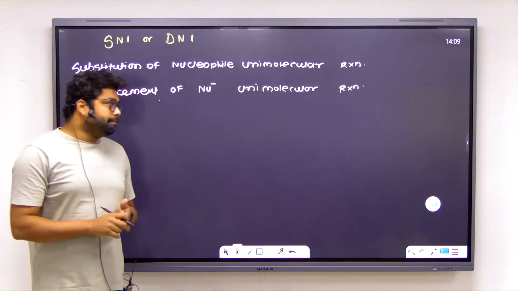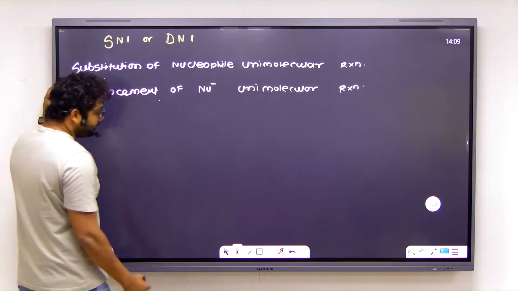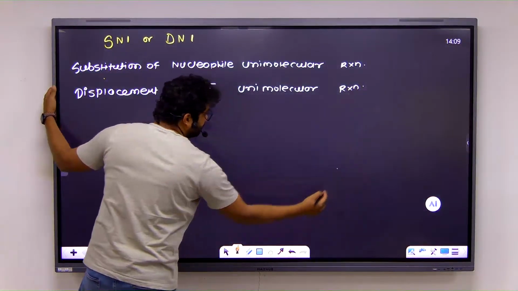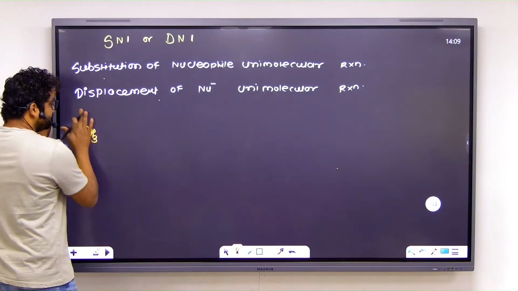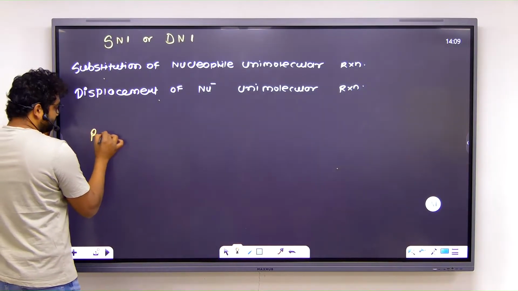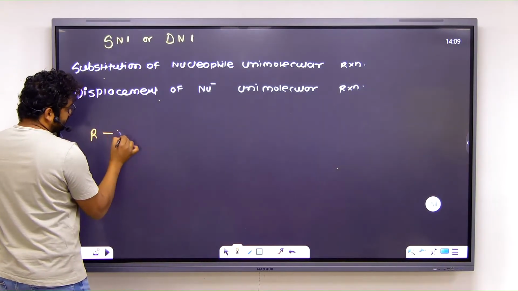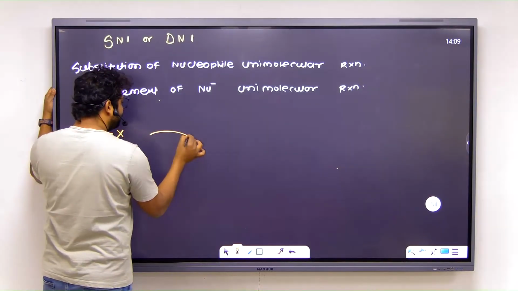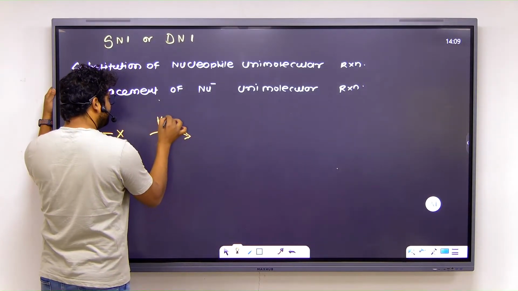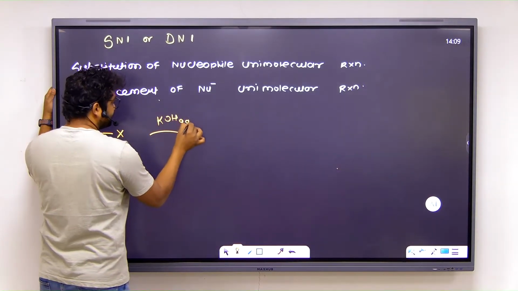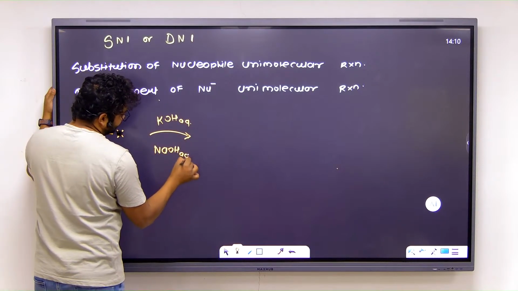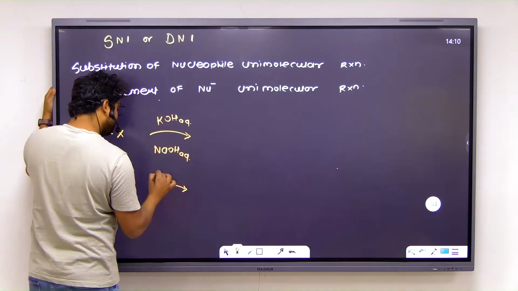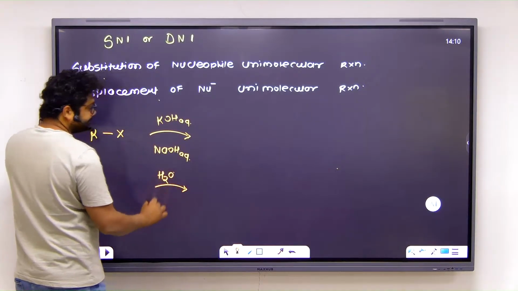We already know about the action of nucleophile defined by KOH aqueous or NaOH aqueous or H2O.